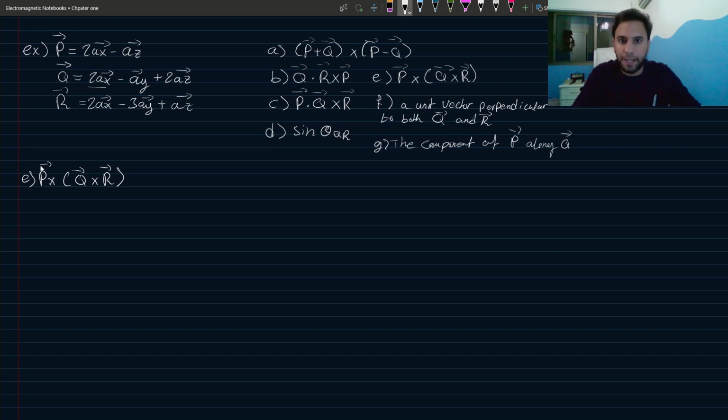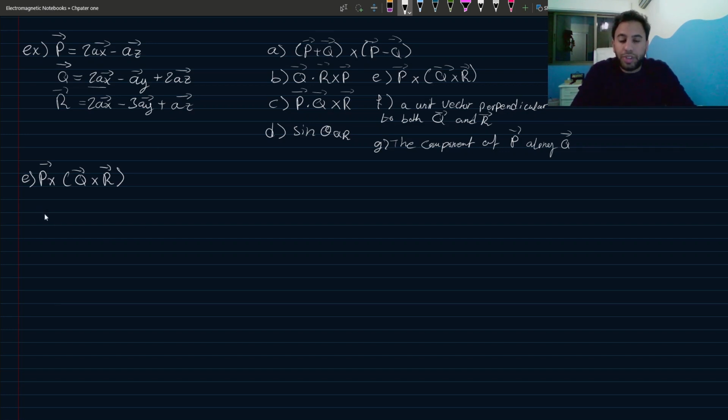Okay, so now E. Find the value of P cross Q cross R. Well, this is a triple vector product. We can either follow the vector triple product rule, or we can solve it mathematically by breaking it apart.